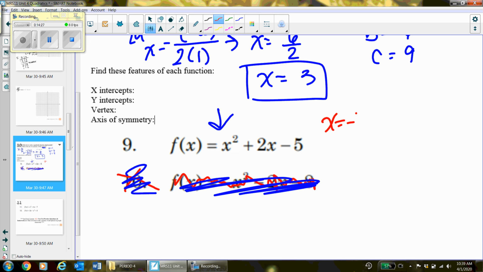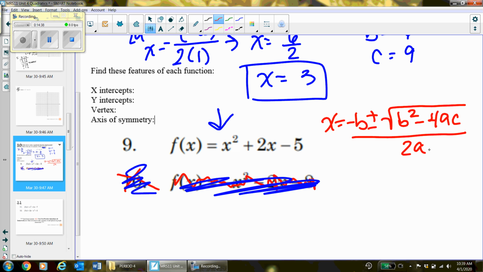So x equals -b plus or minus the square root of b squared minus 4ac, all over 2a. If you were to plug this into your calculator, you would not see anywhere where y is equal to 0, because it'll be a decimal, which is why we're using the quadratic formula. And then we will talk about the y-intercept in just a second.